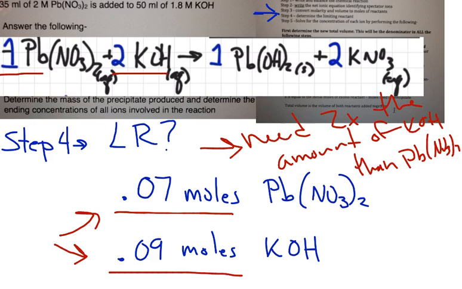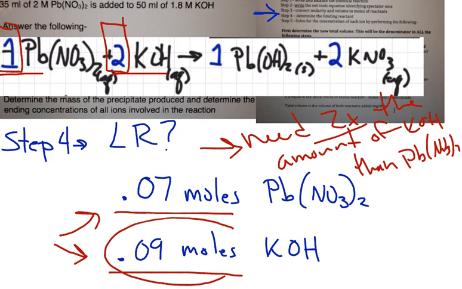So in order for this reaction to go to completion, meaning all reactants are consumed, I need the exact molar ratios of 2 KOH to 1 Pb. So once I have these in moles, I just have to ask myself this question. Do I have twice the amount of KOH? Is this number here twice as big as that number there?